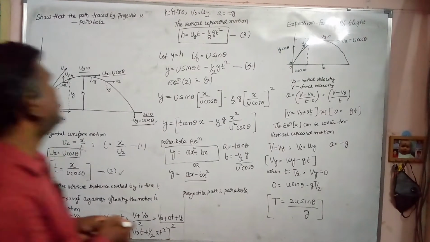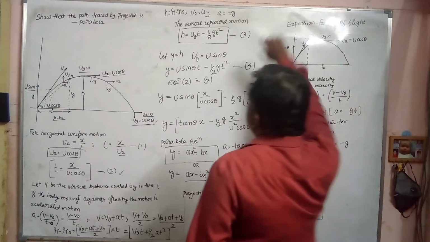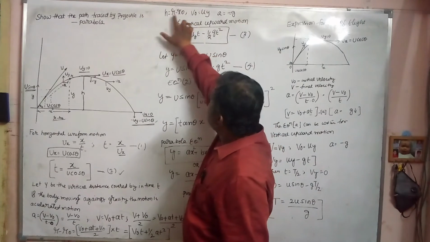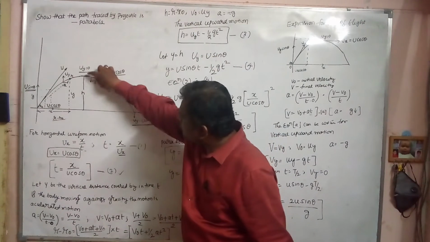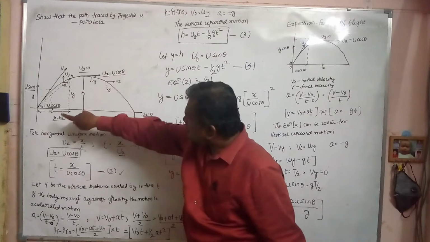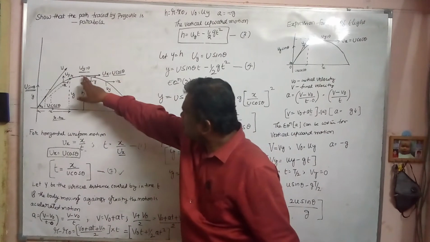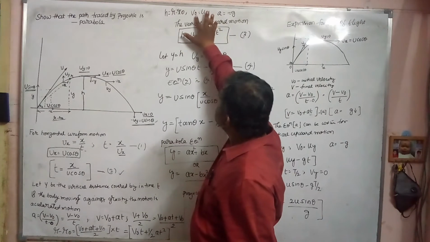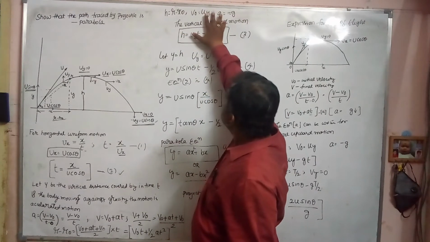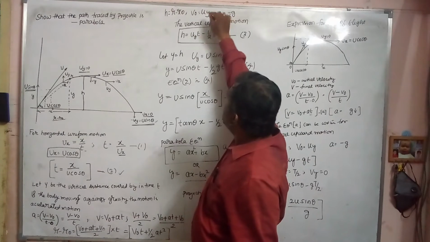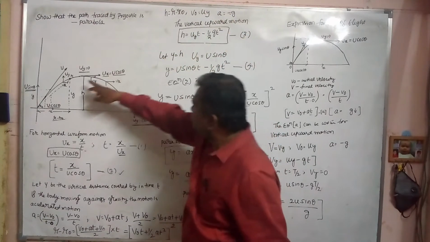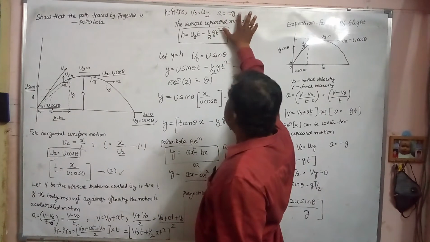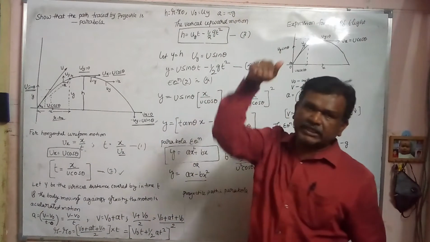Then here h is equal to r minus r naught. When it reaches its maximum height position, v naught is equal to uy, that is the initial velocity becomes uy, the vertical component. So acceleration is equal to gravity, as it actually starts falling down.